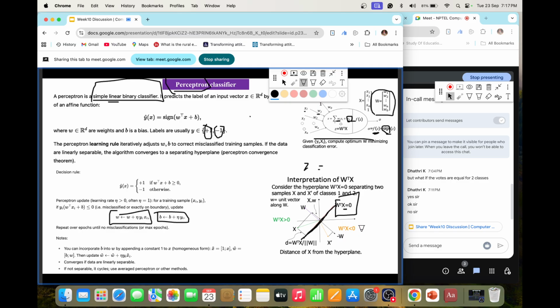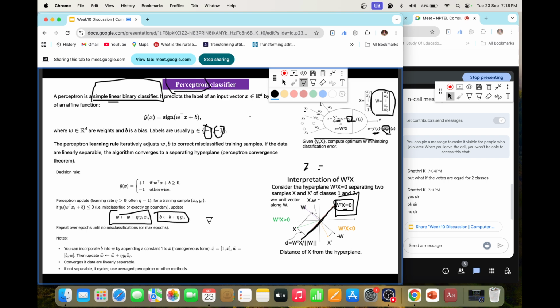So we have these two parts. In one part we get W^T x lesser than 0, and in another part we get W^T x greater than 0. And the equation of your hyperplane, or your line separating the two classes, is W^T x equal to 0. Okay, so this is the interpretation of your perceptron algorithm.